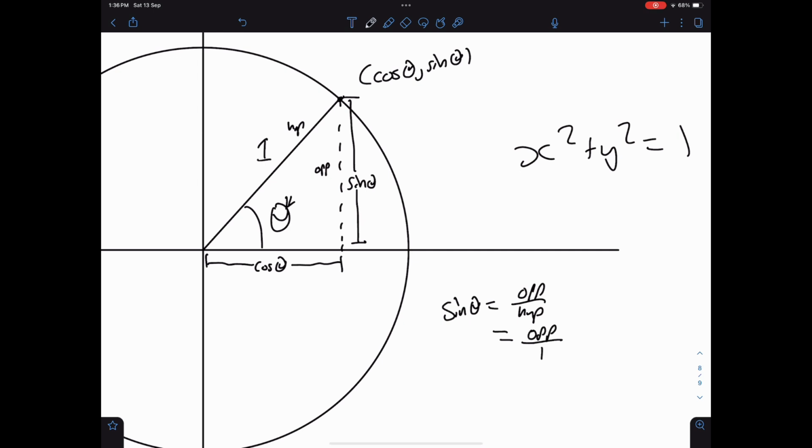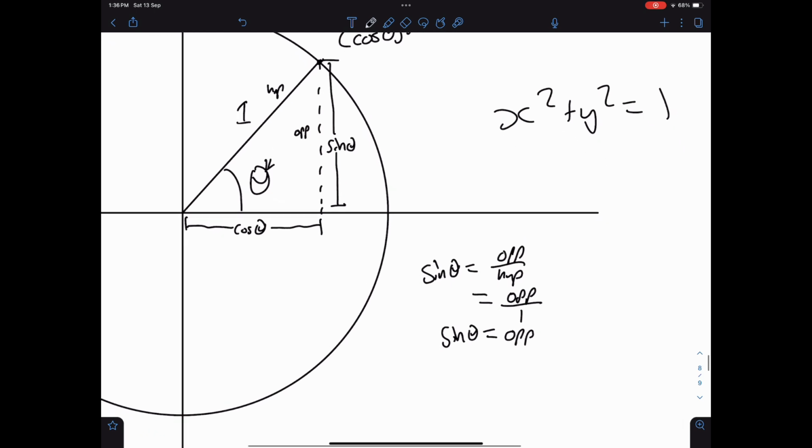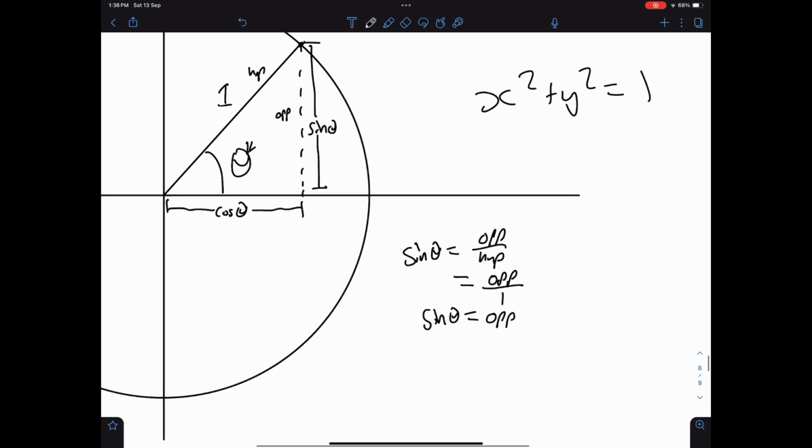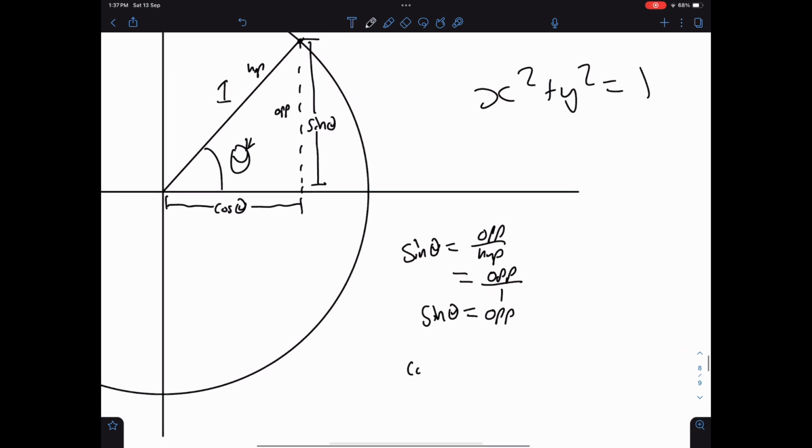So you get opposite over 1, so sine theta equals opposite. And we can do the same thing for cosine. Cosine theta will equal adjacent over hypotenuse. So it's just adjacent over 1, which is adjacent.